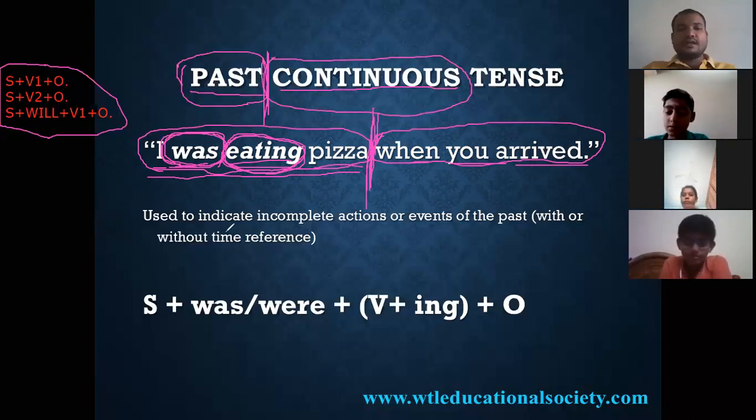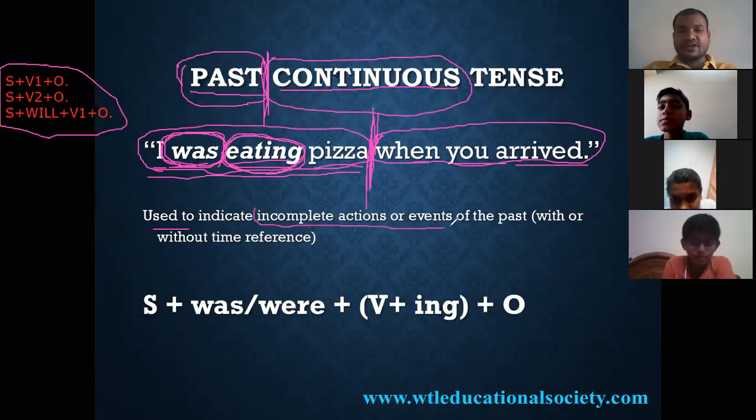Now just look at the usage of the past continuous. Past continuous tense is used to indicate incomplete actions or events of the past.